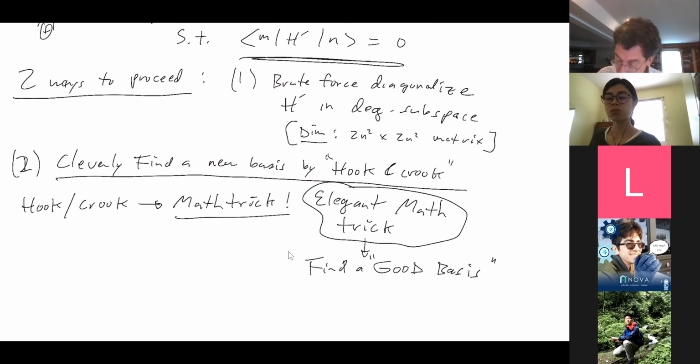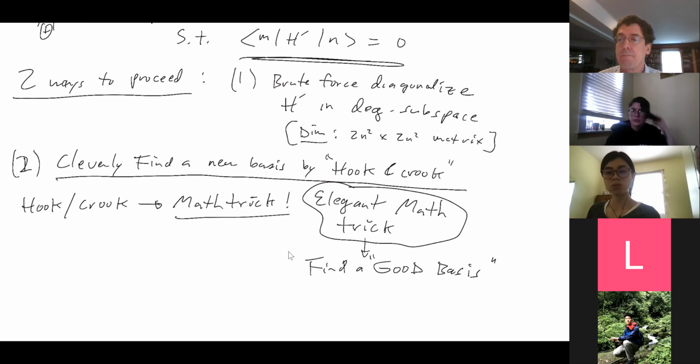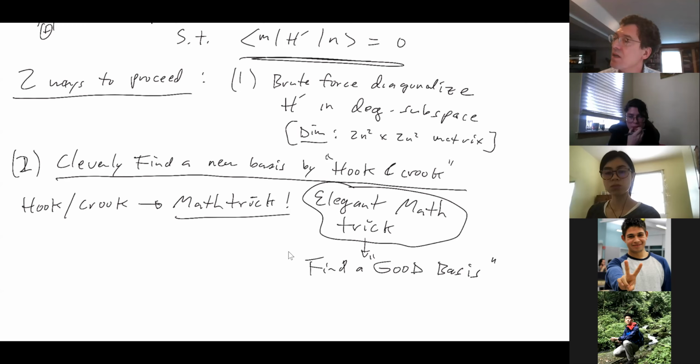What is the definition of a good basis? Somebody remind me, because we use these terms a lot in perturbation theory. We say, oh, bad basis, good basis. What is a good basis? Somebody tell me the definition. One with which you can use perturbation theory. Yeah, and what is the defining feature of the good basis? Orthogonality?